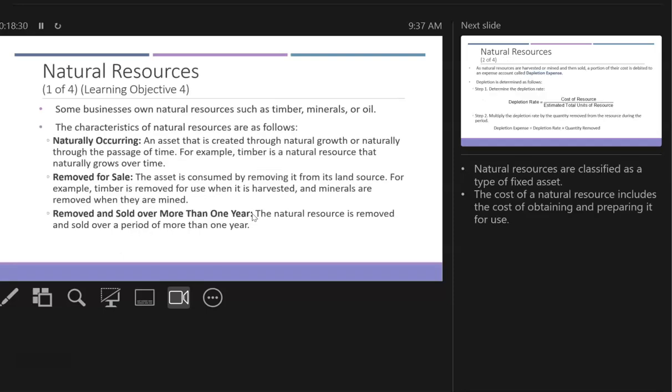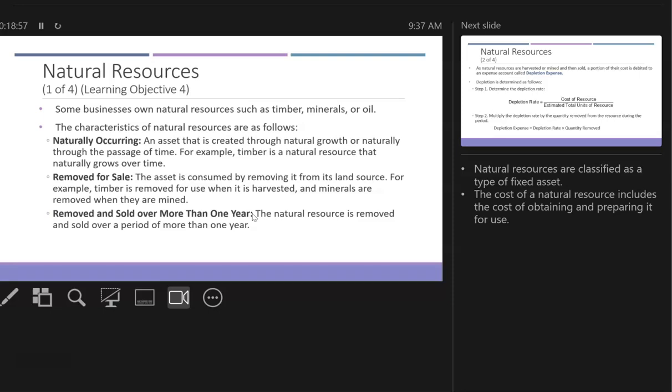Natural resources. Some businesses own natural resources: timber, minerals, oil. These are still assets, but they're not necessarily a fixed asset. The characteristic of natural resources are assets created through natural growth or through the passage of time, such as timber.